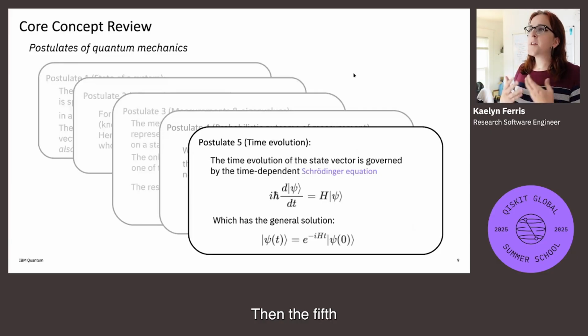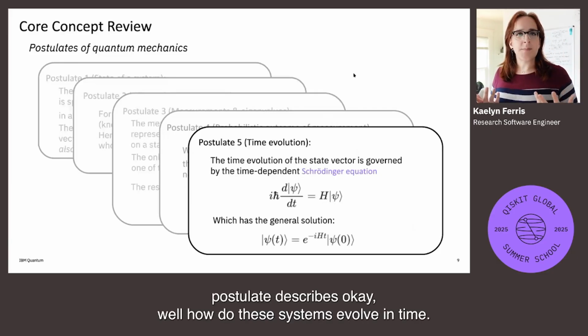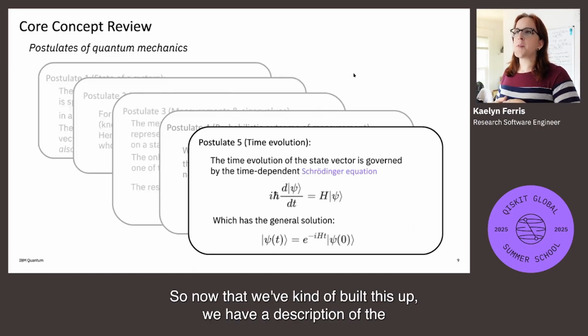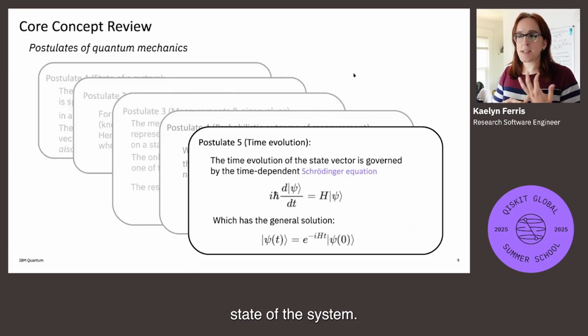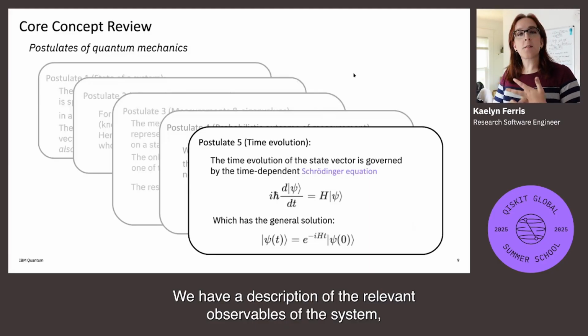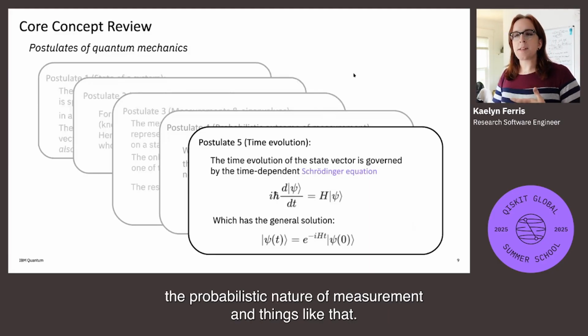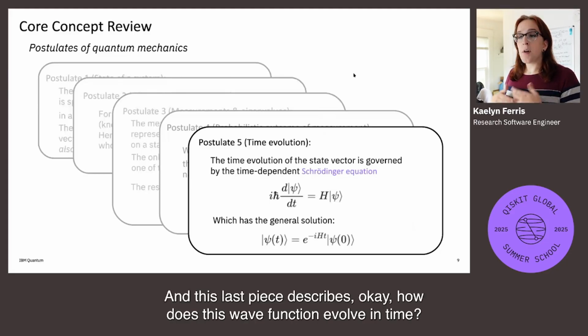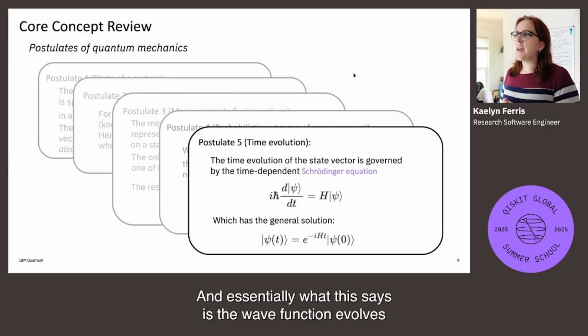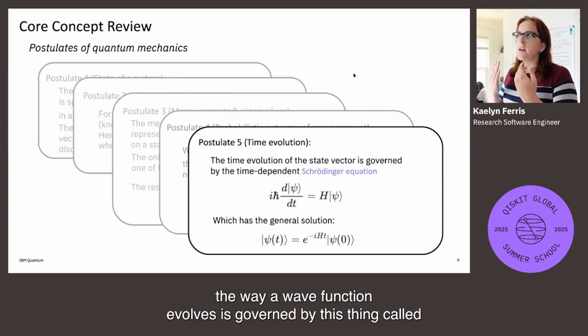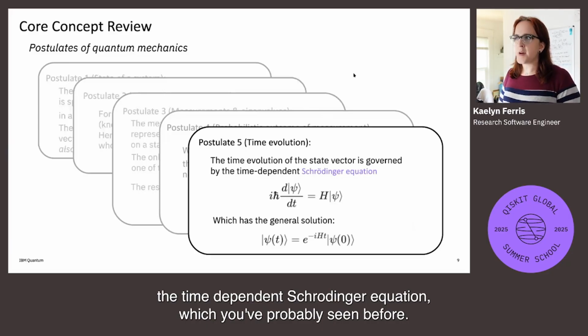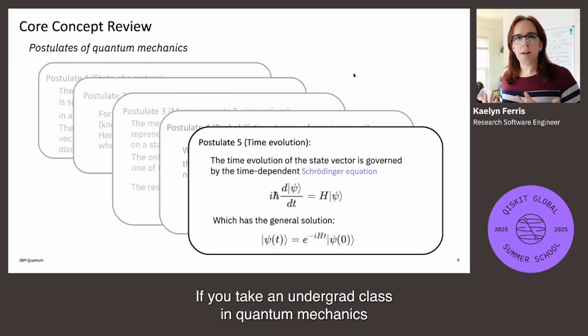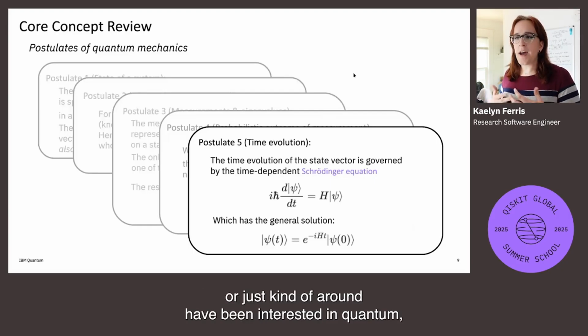Then the fifth postulate describes, okay, how do these systems evolve in time? Now that we've built this up, we have a description of the state of the system, a description of the relevant observables, the probabilistic nature of measurement, and things like that. And this last piece describes how the wave function evolves in time. Essentially, the way a wave function evolves is governed by the time-dependent Schrödinger equation, which you've probably seen before if you've taken an undergrad class in quantum mechanics or have just been interested in quantum.